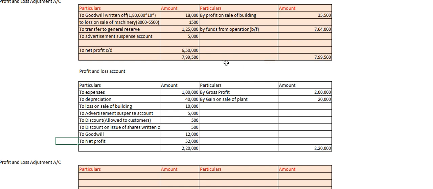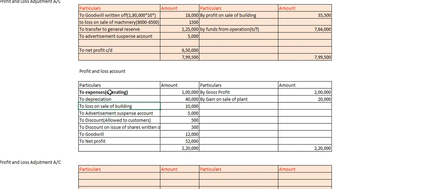So two expenses is nothing but your operating activity which is given in the question, so you will not consider it. To depreciation is a non-operating expense, so it will be considered.